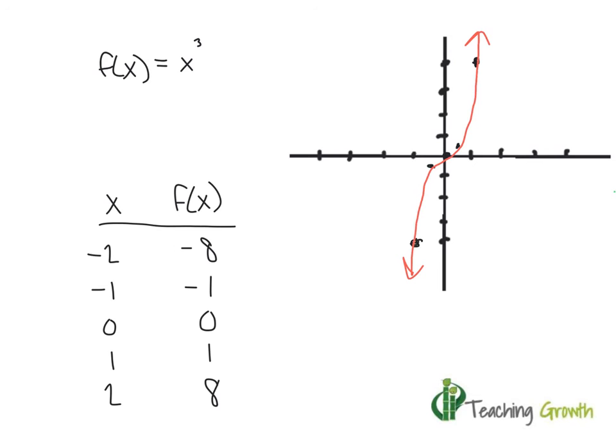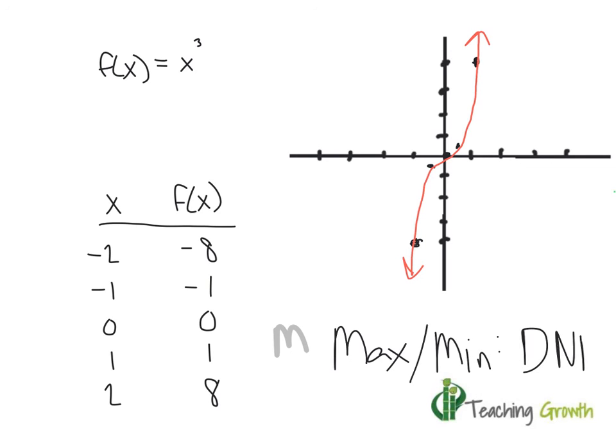For that reasoning, for max or min, we can write that it does not exist, and this can be notated with DNE right here. So there is no possible maximum or minimum value for y. For this, we write that it simply does not exist. And this is everything that we have to discuss about cubic functions.